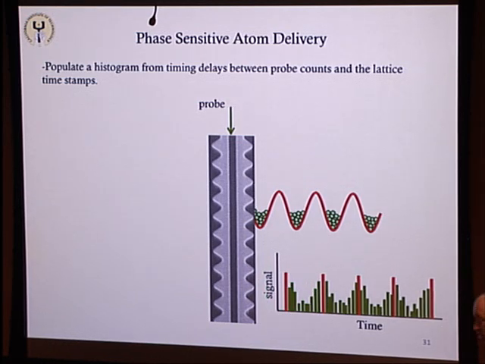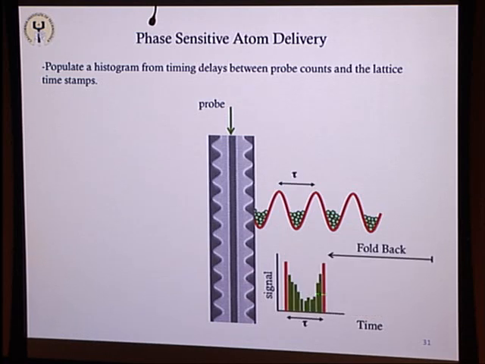What also turns out to happen in this case, which we thought was a problem, but it turned out was actually very helpful, is that as the lattice passes through the structure, it scatters into the guided mode of the structure. And so we can pick that out and use that as a clock as to when the atoms should be arriving. And so you can write down all of this information, fold it back, and get a histogram of the temporal distribution of when the atoms arrive in the structure.